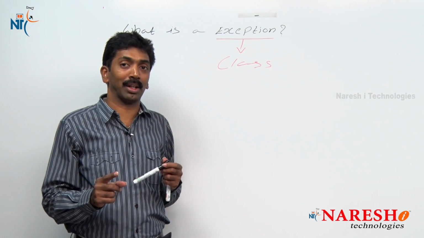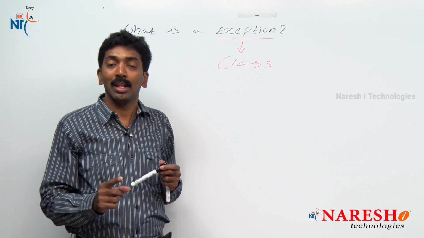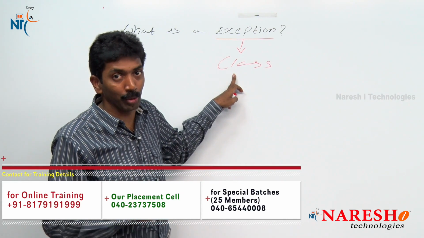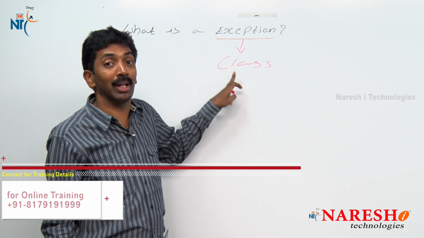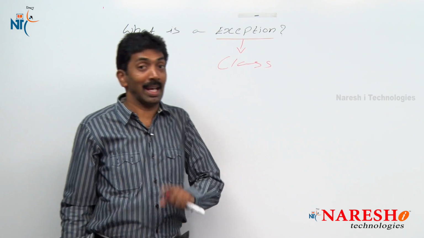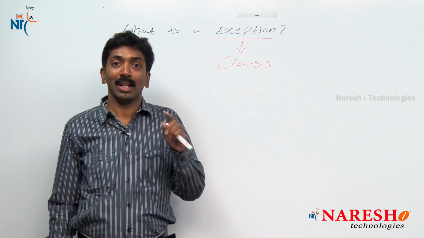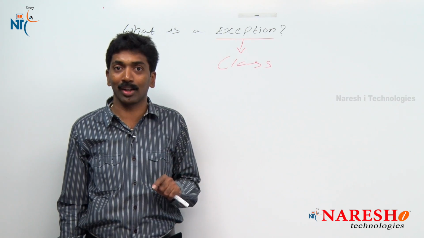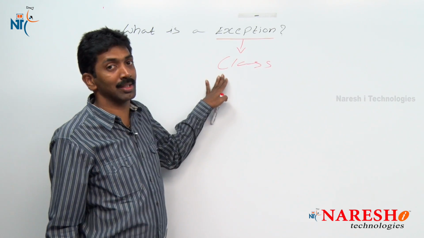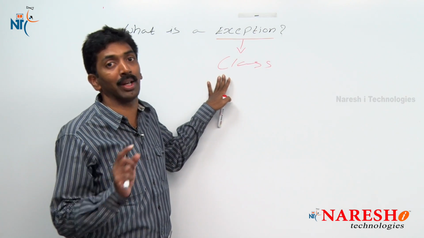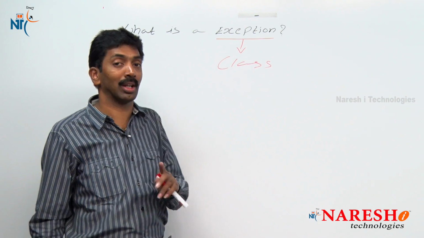Whenever a runtime error occurs in the code, immediately these exception classes come into the picture to abnormally terminate your program. So an exception is not the runtime error. The runtime error occurred in my code, and these exceptions are responsible for the abnormal termination of the program. These exceptions are nothing but classes.